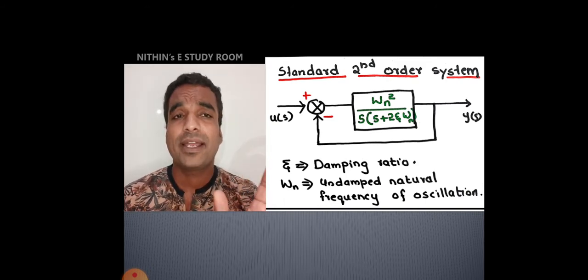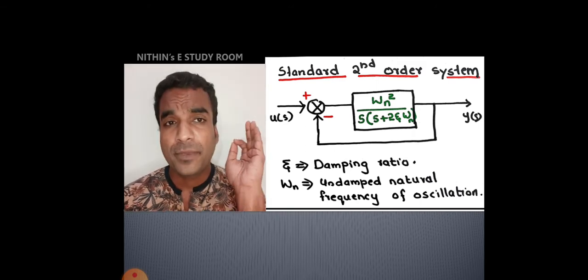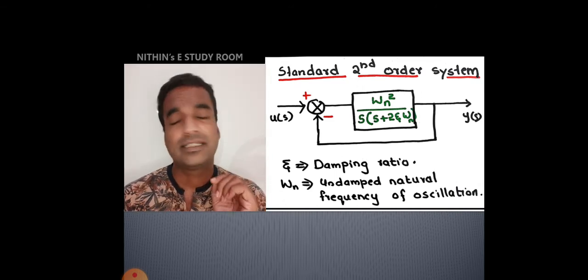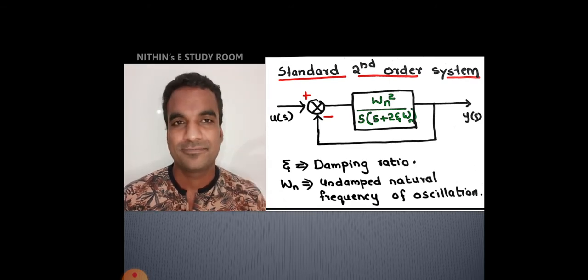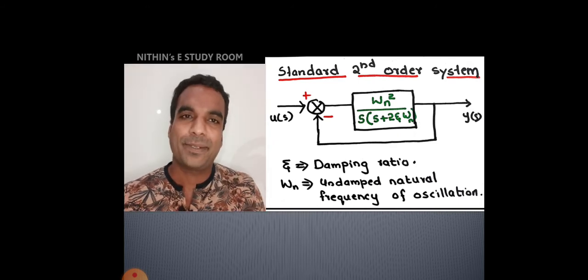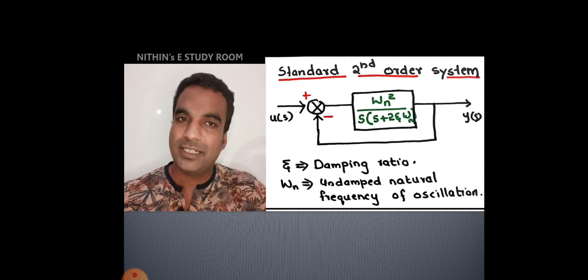Anyhow, omega n is the undamped natural frequency of oscillation. You have to keep in mind that a second order system normally has a tendency to oscillate. If you are not providing any remedies to stop the oscillation, what happens? Your system never goes to a final steady state value.